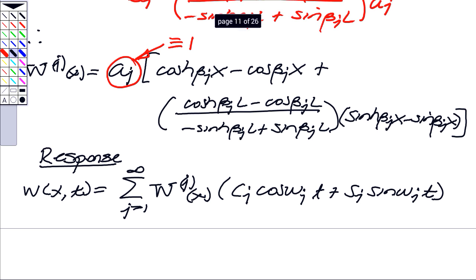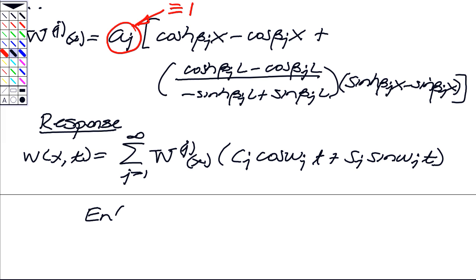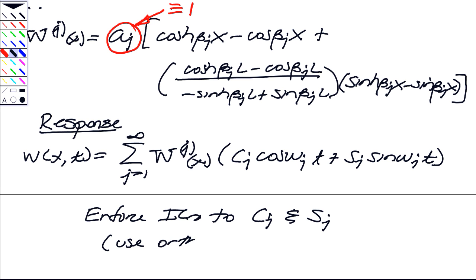So what we need to do is enforce our initial conditions to find the coefficients Cj and Sj, and we will use the orthogonality of our modes. We really don't have explicitly what our modes are, but what we do know from our lecture is that for the self-adjoint boundary conditions that we have got, the modes will end up being orthogonal.